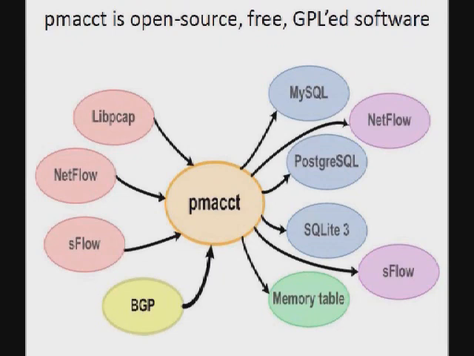It's not just writing to the backend what it gets from the network. Instead, it also offers some data reduction techniques like spatial and temporal aggregation, filtering and sampling or subsampling, and also tagging and lookups. One of those lookups is, of course, BGP.